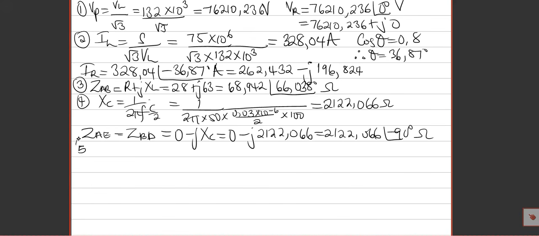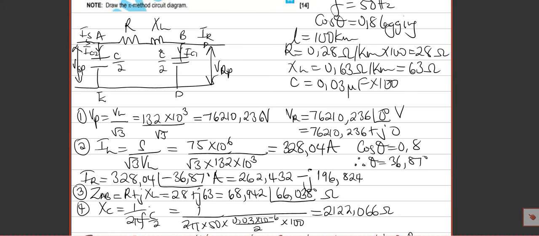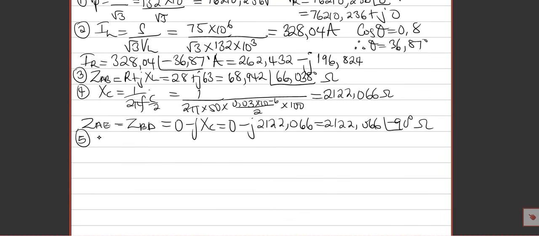Step number 5. What's happening here? We're going into the circuit AB. This is IAB. Step number 5, find IC1. IC1 equals VR phase divided by ZBD.